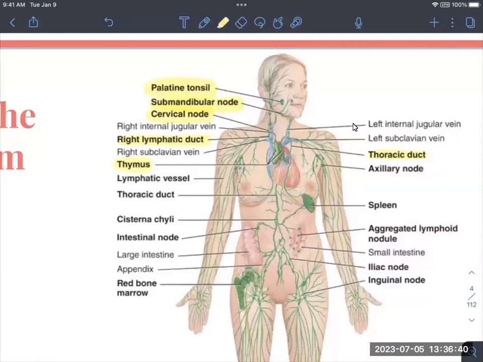Any long, stringy green things that we see here, those are lymphatic vessels. Here's another one of those thoracic ducts. That thoracic duct is going to travel back up and it drains here.